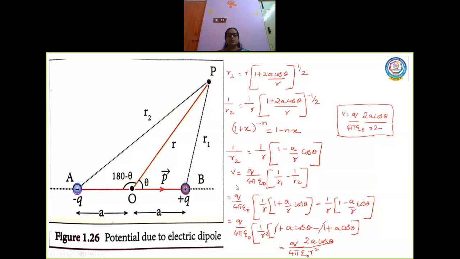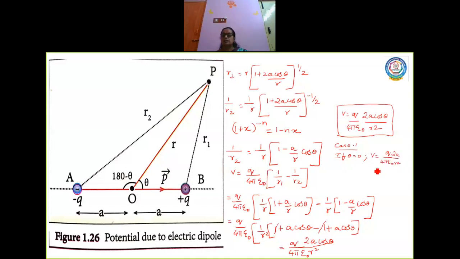So in that case, what will be the value of theta, children? So case 1, if theta is going to be 0. So if theta is going to be 0, what will be the potential, children? Cos 0 you substitute, cos 0 is 1. So you have Q by 4 pi epsilon naught into 2a by r square.